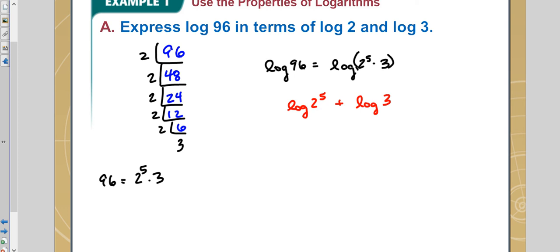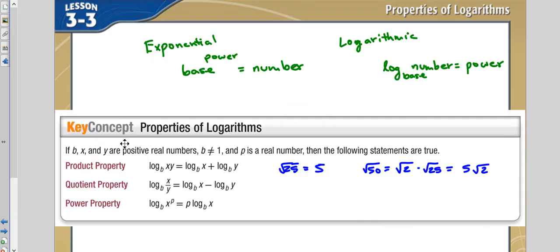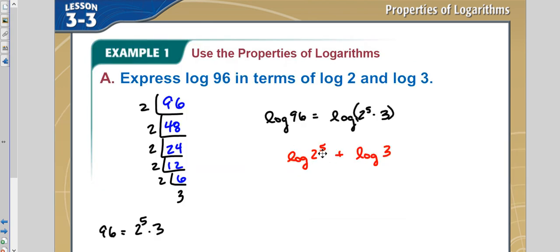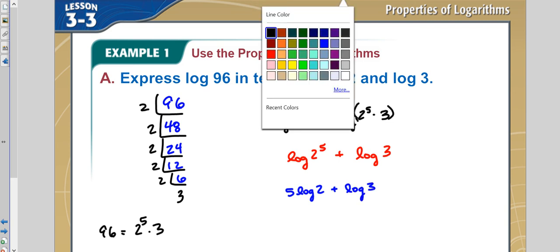Now we have another that's called the power property here, and it tells us that the power you can actually move out front. We saw an example like this on last lesson. So I could actually move the 5 out front and say that this is equal to 5 times log 2 plus log of 3. This would be my answer.